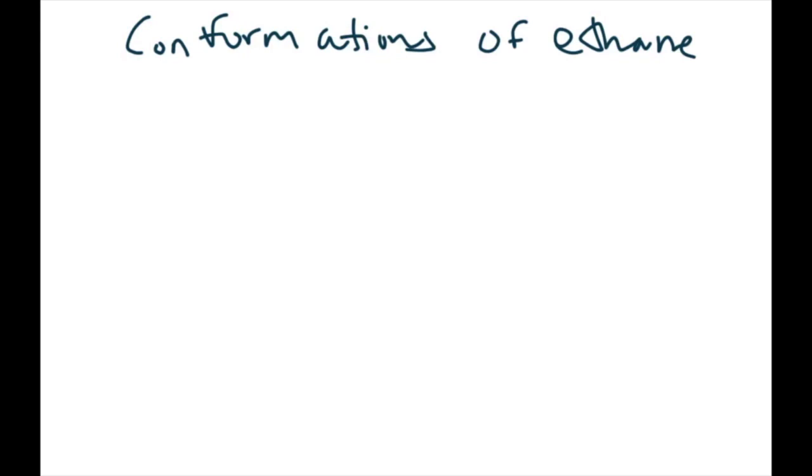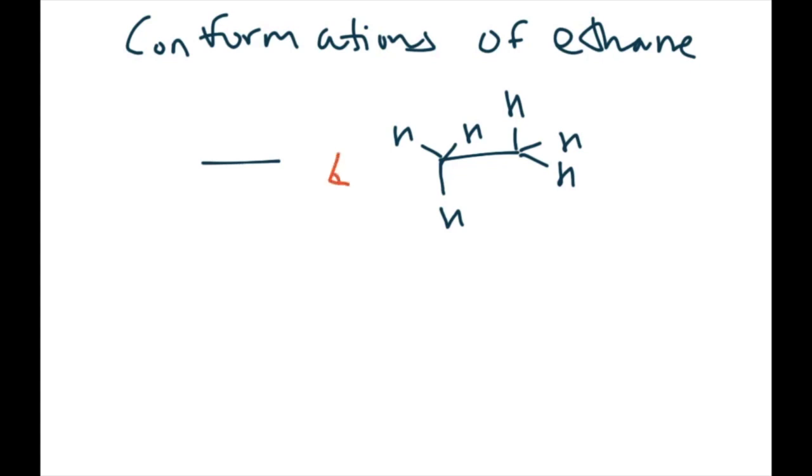Right, so you know ethane, right? It's just a line. If we draw the hydrogens on it, right, we got a bunch of hydrogens going on here. And there are two conformations for ethane. So if I draw the Newman projection, if I look at the molecule that way, like so down this carbon, that front carbon, my circle gets uglier and uglier. My front carbon is going to have three things on it, right?